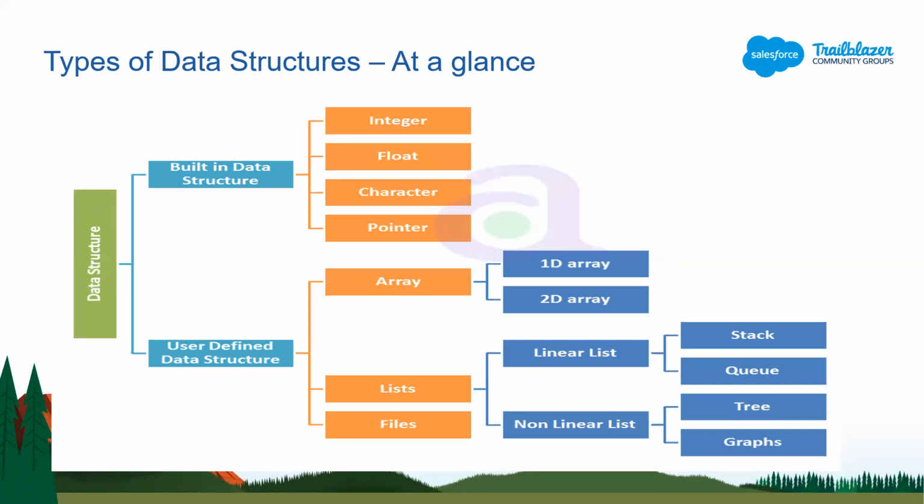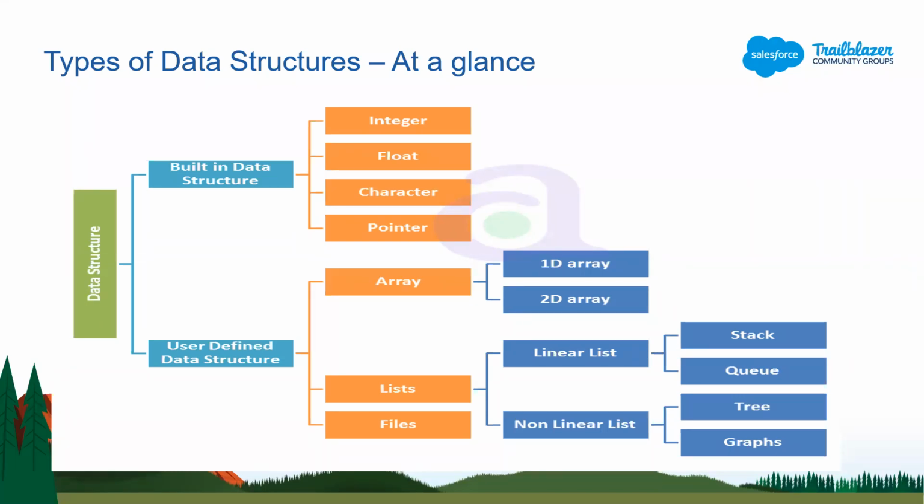Now, built-in data structure can be divided into four main parts, which are integer, float, character, and pointer. Pointer is the reference to the memory. Character is A, B, C, or any single letter. Then float, which is a decimal value, and then an integer.